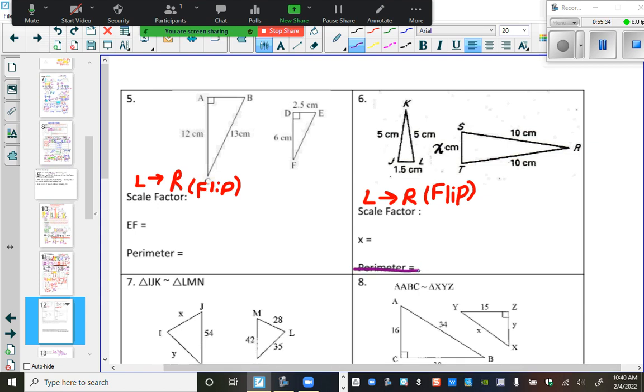Perimeter, of course, you just add up your 3 sides, or you can compare scale factors for the perimeters, but we're not gonna worry about that right now. I want us to worry more about scale factor, and then that's gonna help us determine the missing side. I mean, you can go vice versa too, it won't matter.